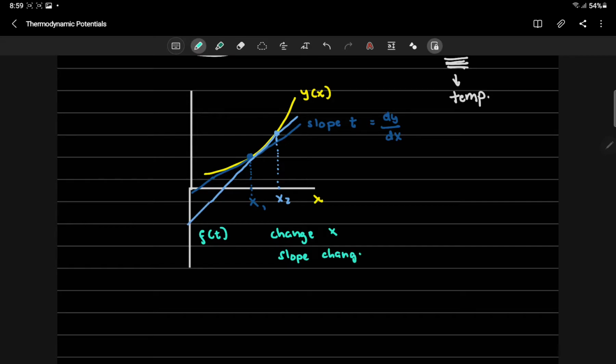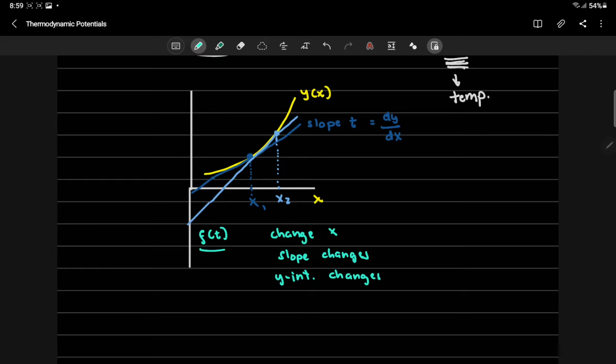The slope is not constant for this particular example. And if the slope changes, the y-intercept also changes. Right?